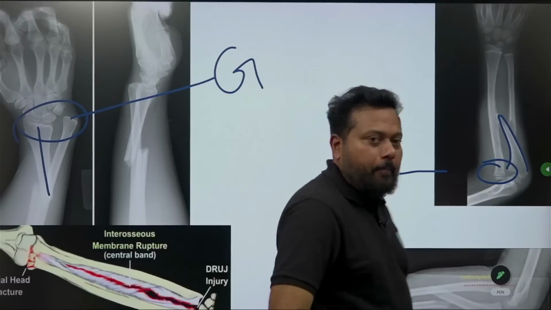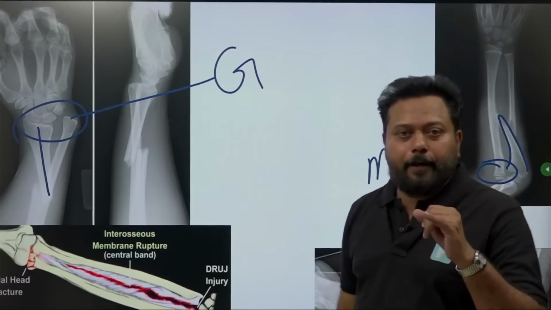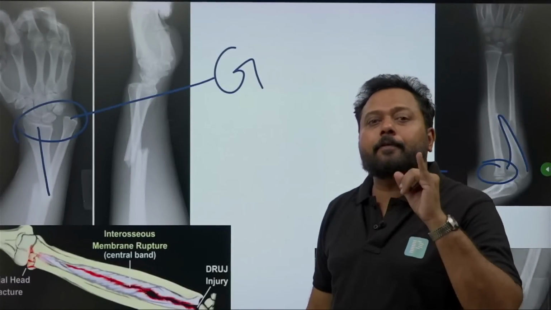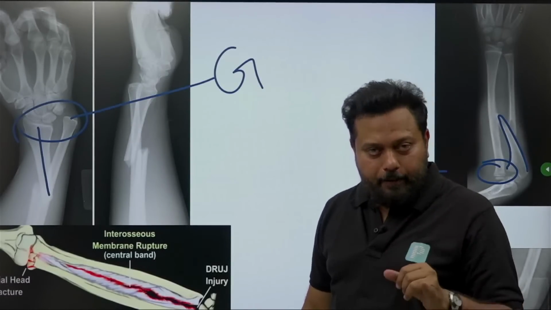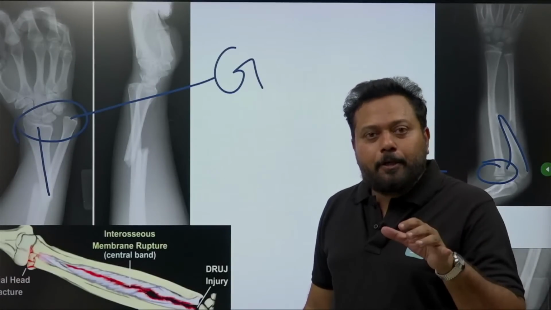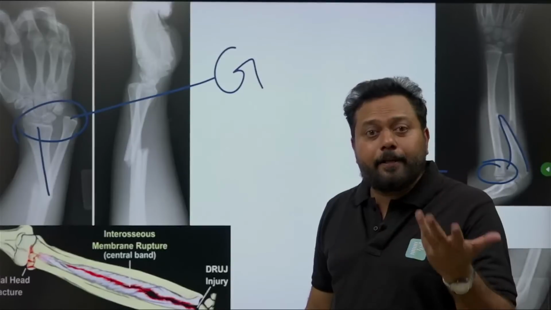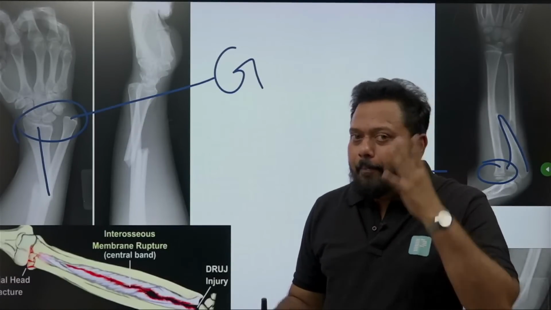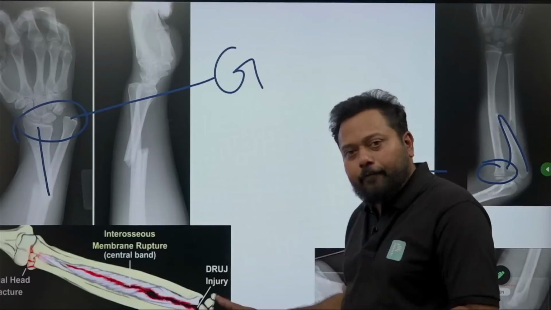So I repeat once again, dear friends, what is Galeazzi? Distal third radial fracture with disruption of the distal radio-ulnar joint is called Galeazzi. Proximal third ulna fracture with disruption of the proximal radio-ulnar joint, otherwise radial head disruption, is called Monteggia. Exact opposite to Galeazzi is Monteggia. So this difference you should know.